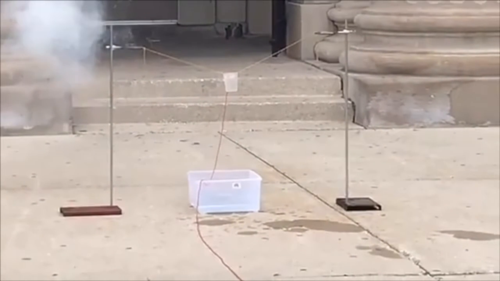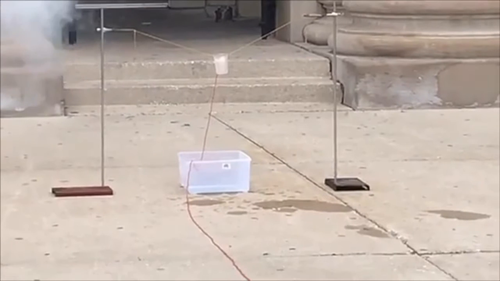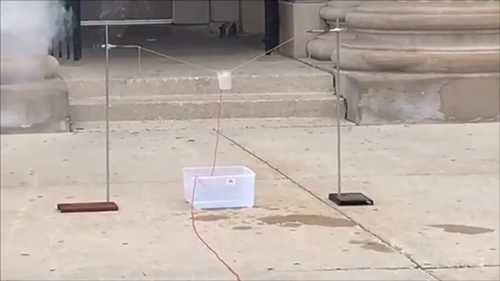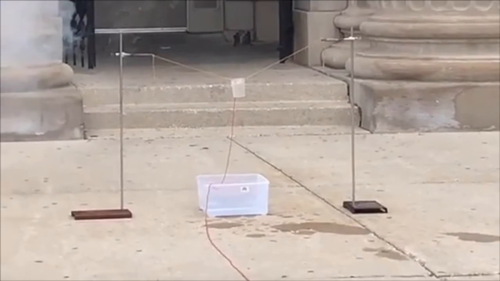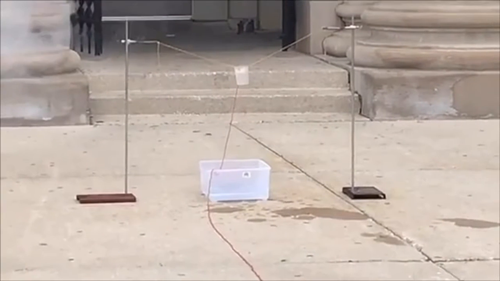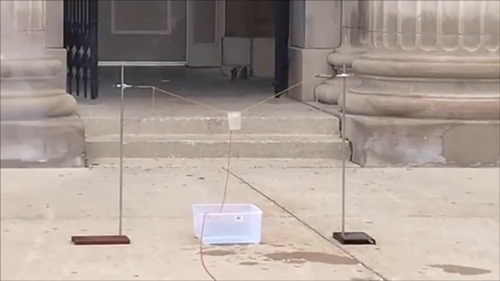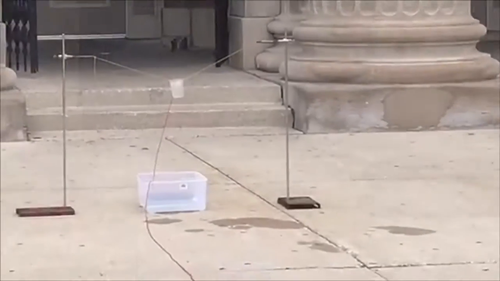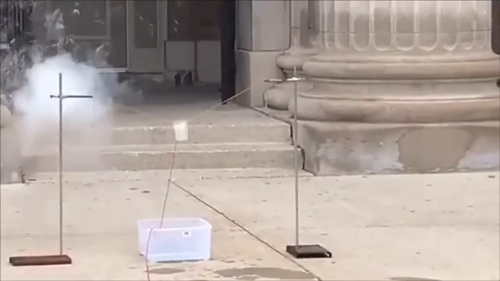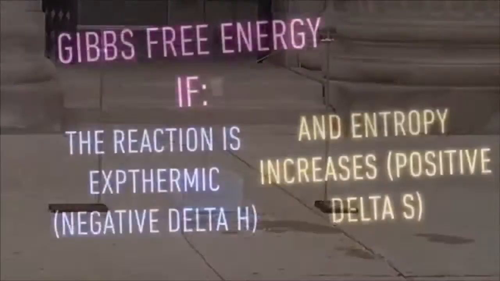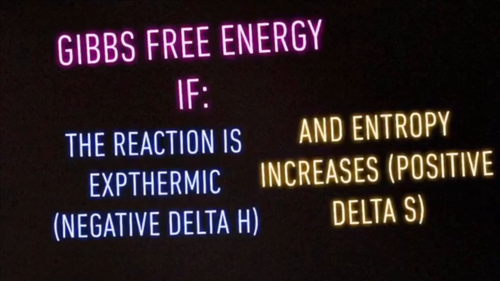It must be negative, and it is at the equilibrium constant, which is 298. And Gibbs free energy is at any temperature. The equation for Gibbs free energy is delta G equals delta H minus T delta S.